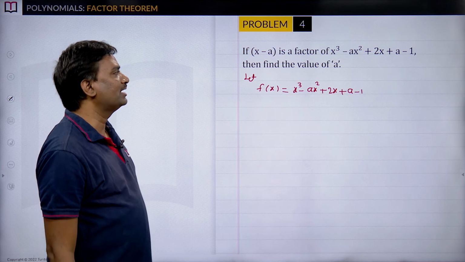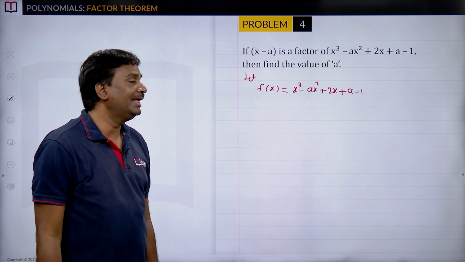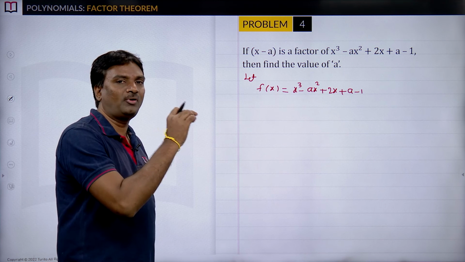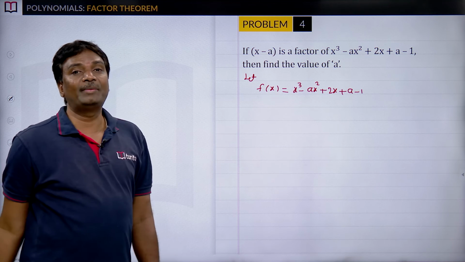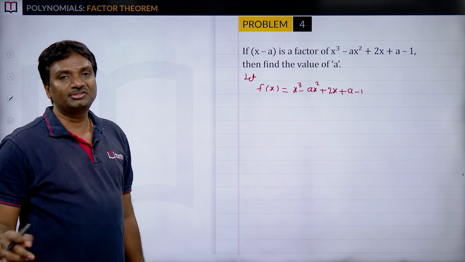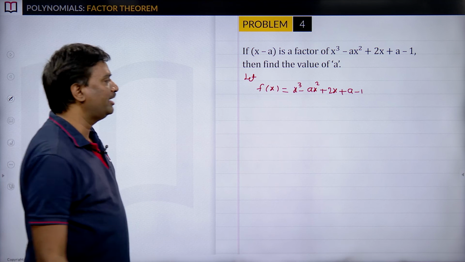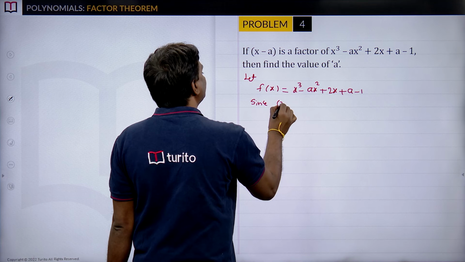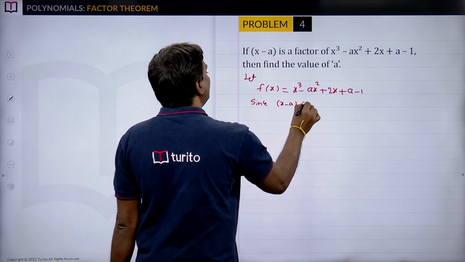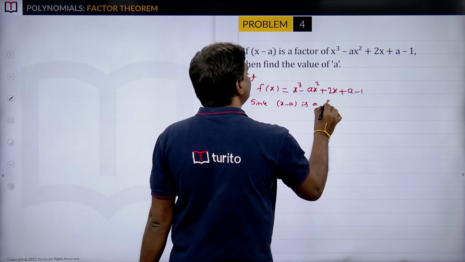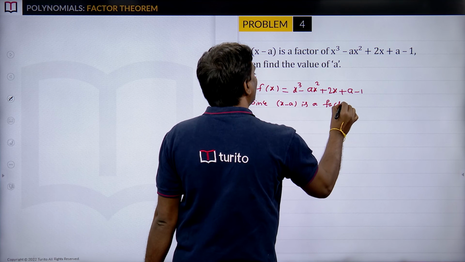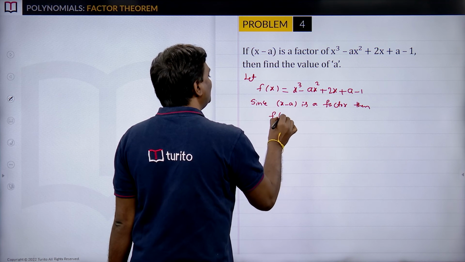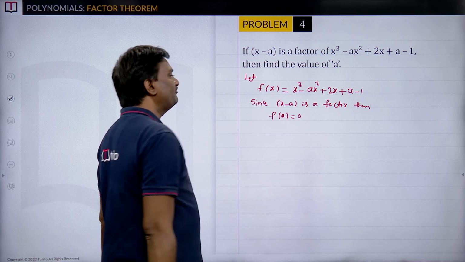According to the problem, for this polynomial f of x, x minus a is a factor. x minus a is a factor means f of a equal to 0. Since x minus a is a factor, then f of a equal to 0 according to the factor theorem.